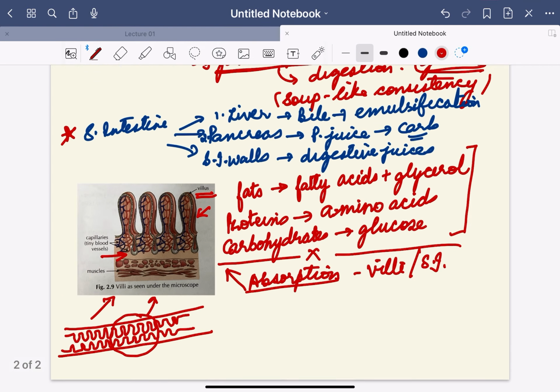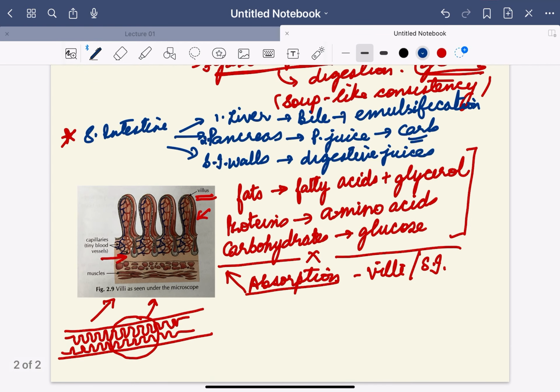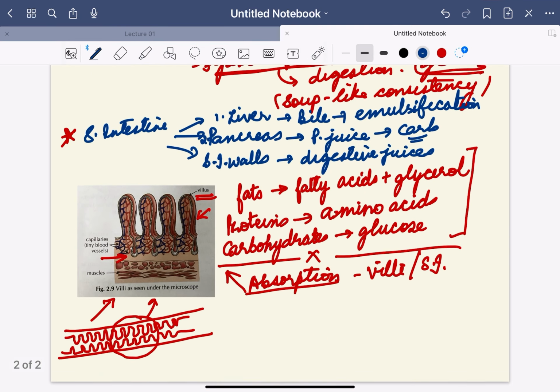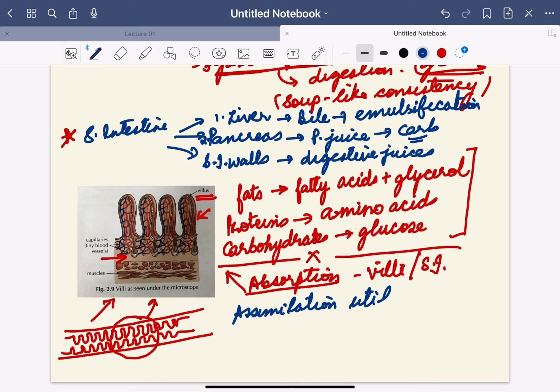Next, we come to assimilation, the fourth step. Assimilation means, in simple words, utilization of digested food inside our body. Respiration is a part of assimilation because the glucose is going to be burnt to produce energy.